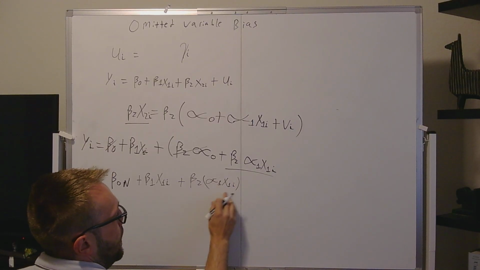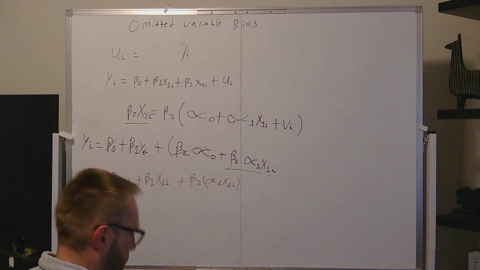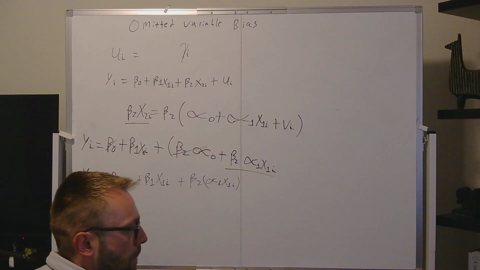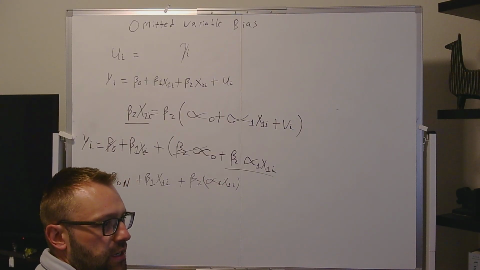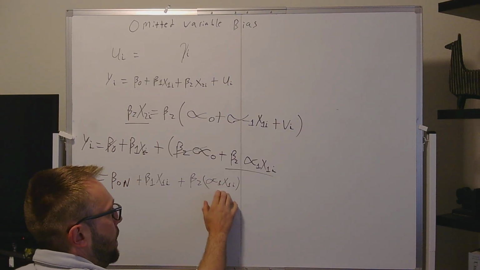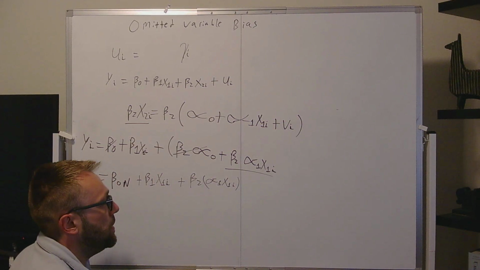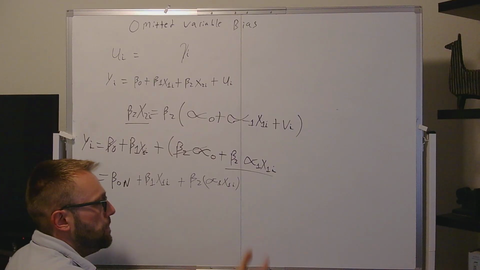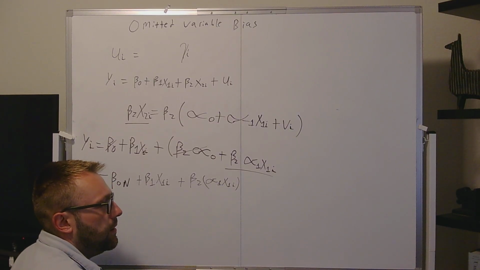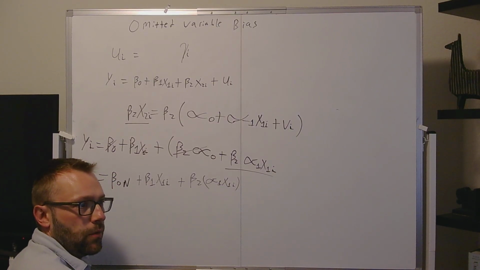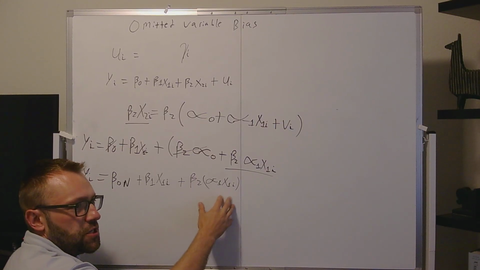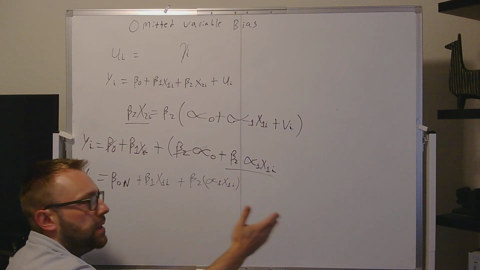This alpha 1 x1i portion is basically saying how much of the education information is impacted by our ability. So this is saying, okay, how much of what we're doing with education is just fed by ability.